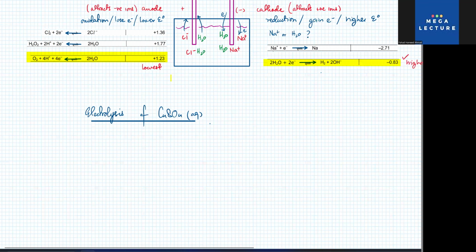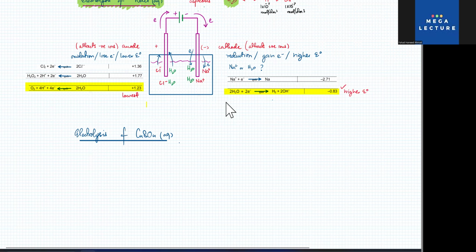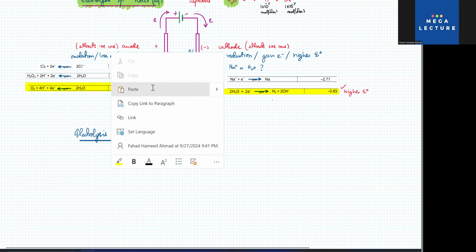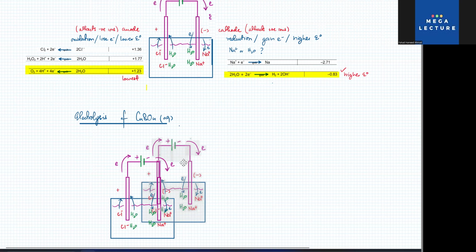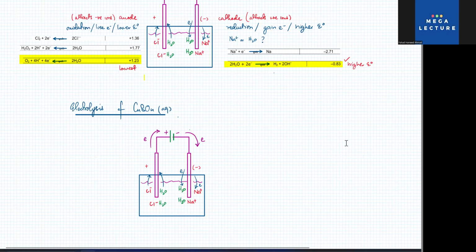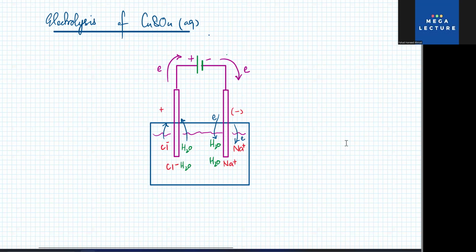I'm just going to copy the diagram. Now, when you have copper sulfate aqueous, the only difference that you're going to have is this is obviously negative and positive. I'm going to rub off the ions.